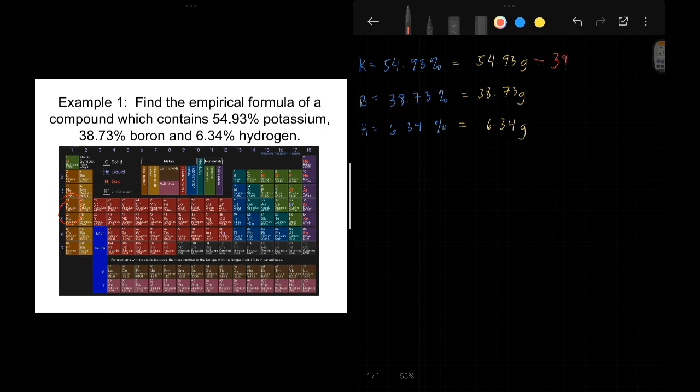Next, for boron, we have 10.81. We divide it by 11. Okay, grams per mole. And then for hydrogen, that is 1.008. We divide it again, so that will be 1.001.